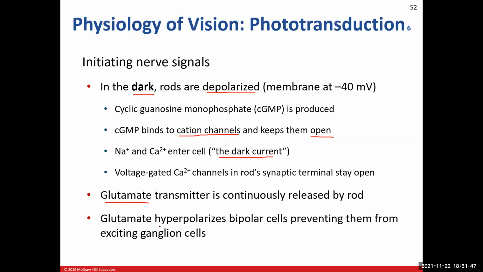But unfortunately, the glutamate hyperpolarizes the bipolar cell. And because of that hyperpolarization of the bipolar cell, it causes the ganglion cells not to be excited because the bipolar cells are hyperpolarized and they cannot stimulate or excite the ganglion cells. So that means the ganglion cells are not going to produce any nerve signals.